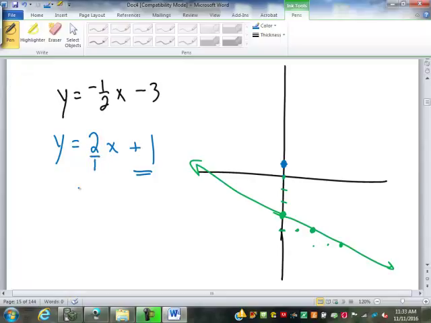Now I have a fraction. The numerator is the rise. So from this point, I go up 2, and then I run 1, so over 1. There's a second point on the graph. I could draw it through there if I want to, or I could have done another point up 2 over 1 if I want to be sure.